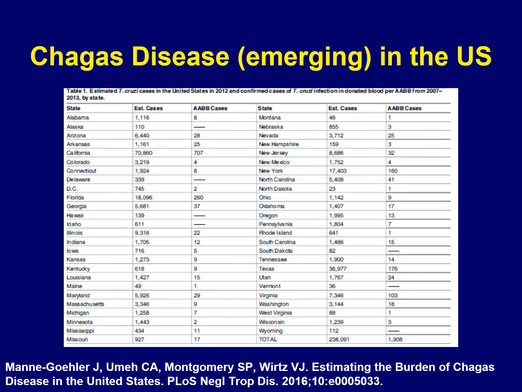They were able to estimate the number of cases of Chagas disease in the United States. There were about 2,000 cases based on actual confirmed cases in blood donations, but an estimated 238,000 cases, from 2007 to 2013. And obviously, this is a pretty substantial size population.